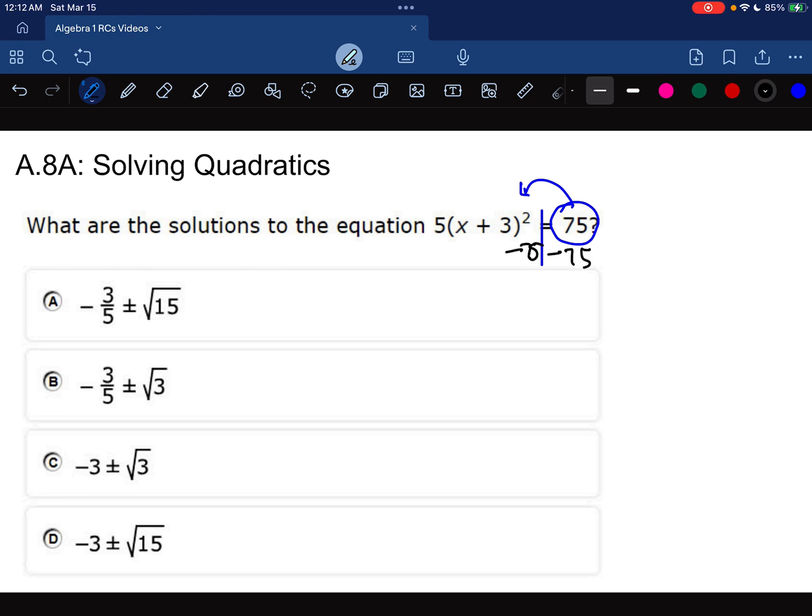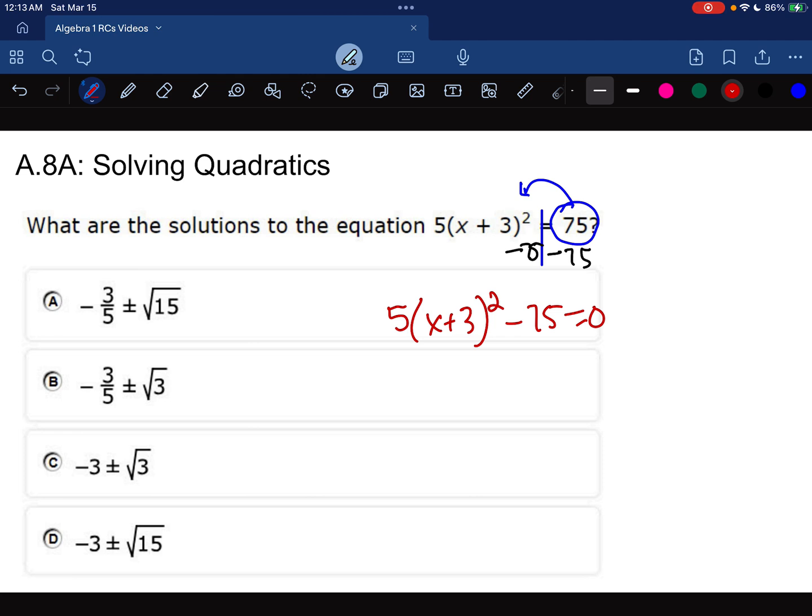75 from both sides. I do not have to distribute. I can literally leave it just like this. 5 times x plus 3 squared minus 75 is equal to 0. Here is where it gets a tad bit tricky, because my solutions are not regular rational numbers like 1.